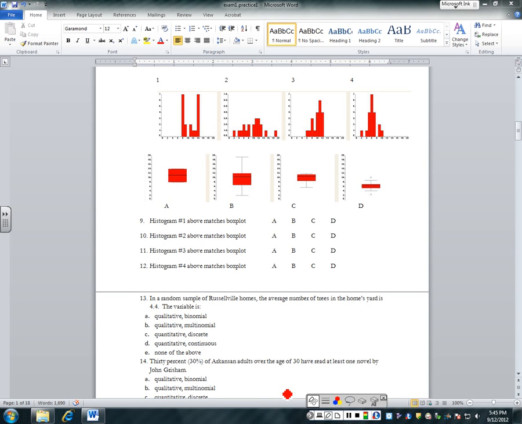I'm going to look first of all at B. It's clearly the one that is the most spread out. So all we have to do is go up and look at number 2. It's clearly the most spread out of the data. The other ones are close to the same amount of spread. So anyway, 2 is going to be B.